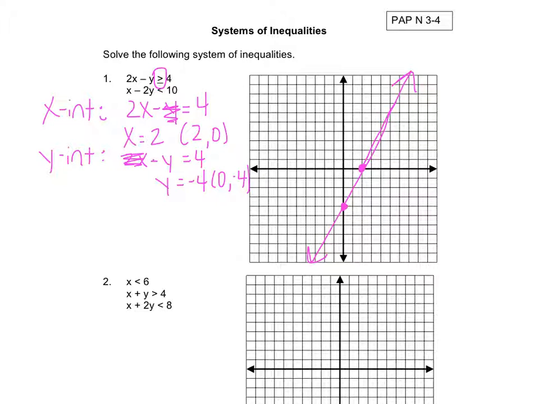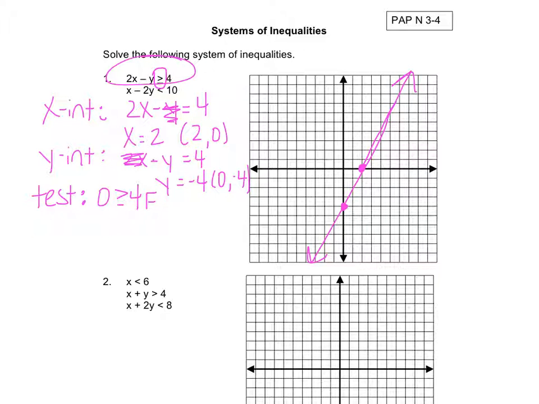Remember, when we're shading, we're plugging in a test point to see if it would be true or false to know where we need to shade. So I'm going to plug in the same test point that we used on 3-3, which was 0, 0. So I'm going to get 0 on the left side is greater than or equal to 4, because I'm looking back at that top inequality.